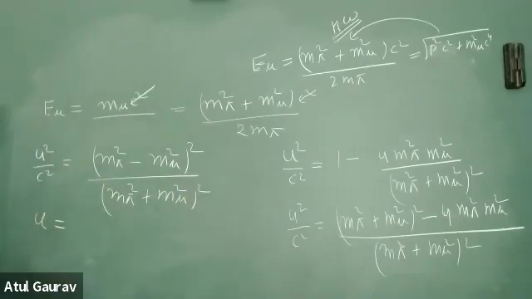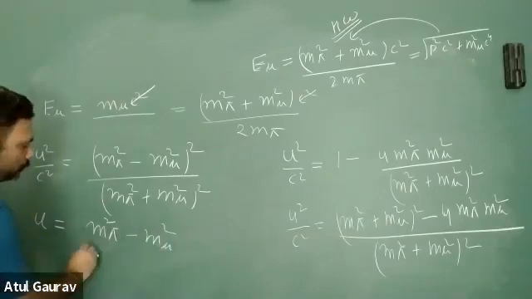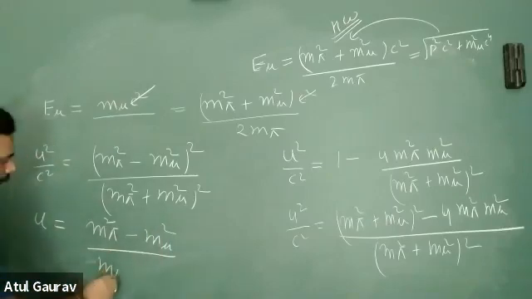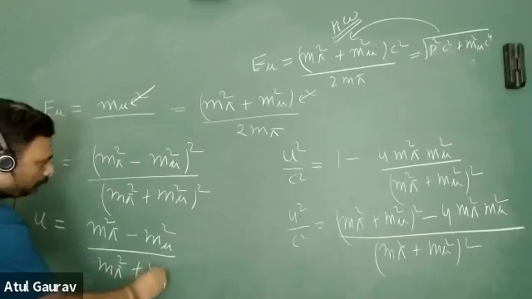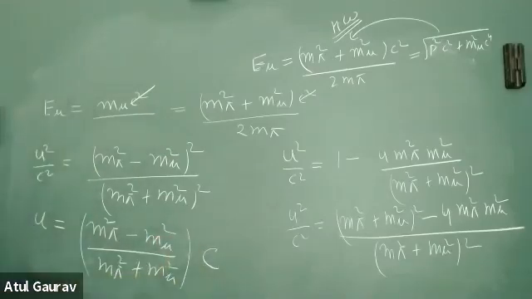This is nothing but the velocity of the muon, because the muon has momentum, so it must have a speed. And what will be this value? This value is m pi square minus m mu square by m pi square plus m mu square into c. I can guarantee that this value is what? Less than 1.